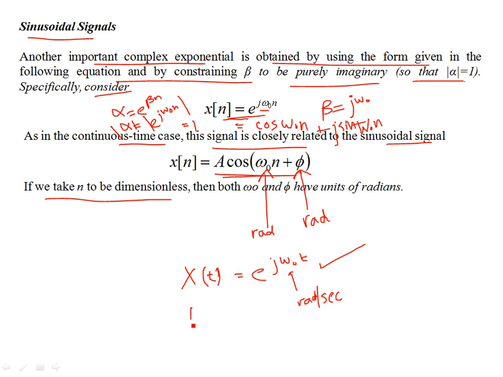These are always periodic. Why? Because this can always be expanded in cosine and sine, and cosines and sines in continuous time domain are always periodic. So your complex exponential signal is always periodic, but that's not true for your discrete time case. Why?